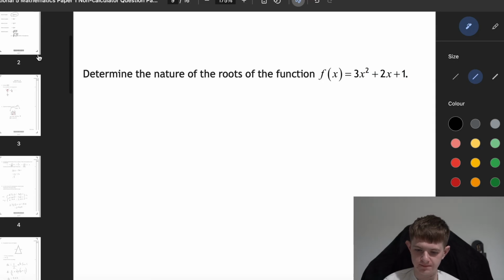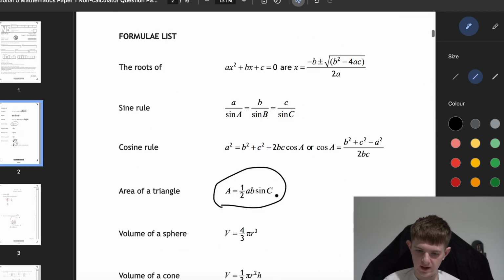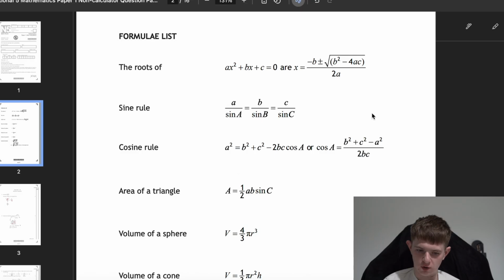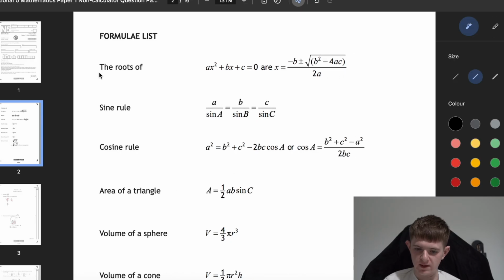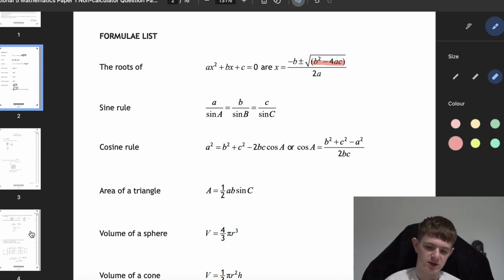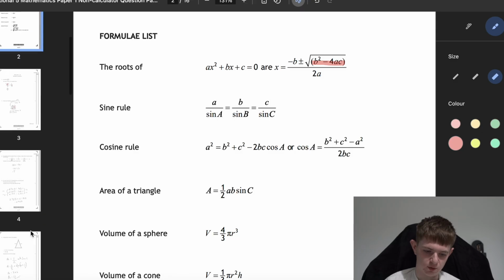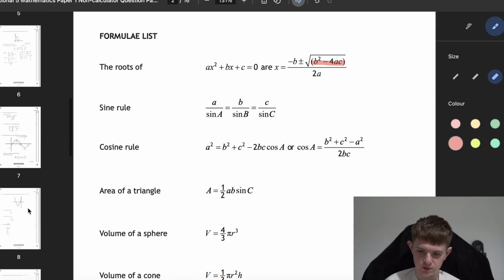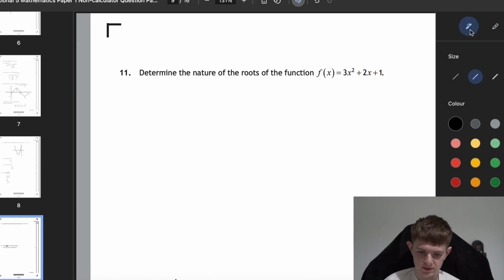If you go to the formula sheet here, in the roots formula, you've got -b plus or minus square root, blah blah blah, don't need to know that for now. However, this part in here is the formula that we're going to use for this question: b squared take away 4ac. You're not directly given it, but it's inside that formula, so you can see it there. So we're going to go back down to the roots question and write in b squared take away 4ac.